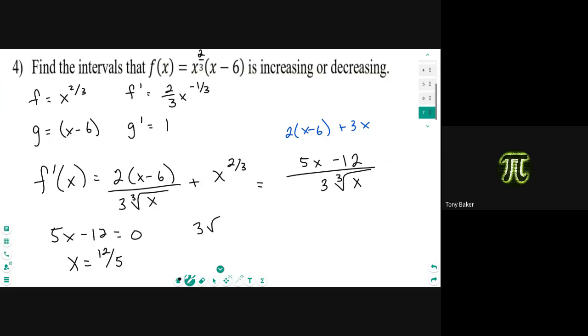And x equals 0. I don't have any domain restrictions in the original problem, so both of those values are ones that we need to look at.